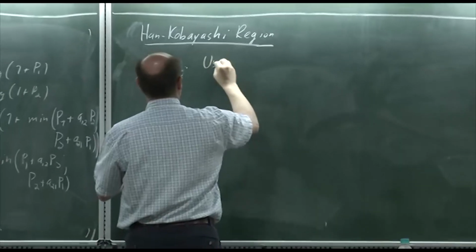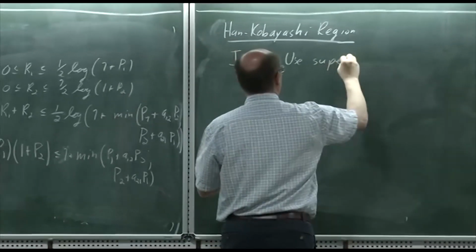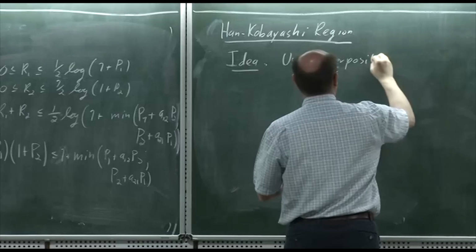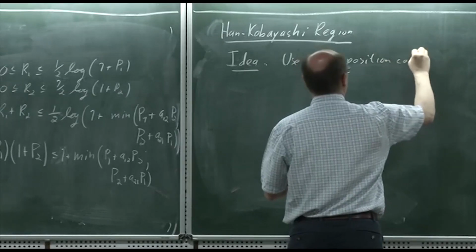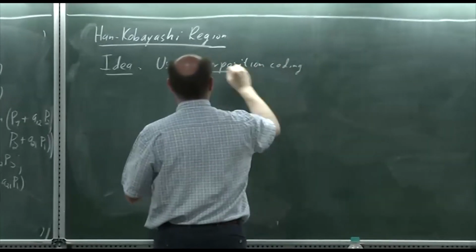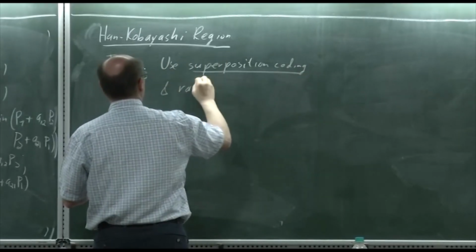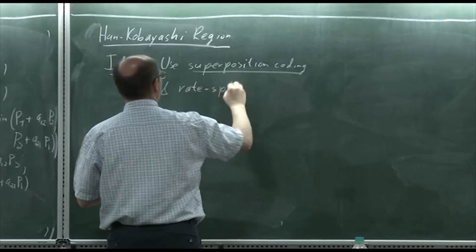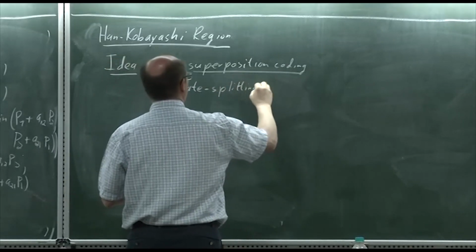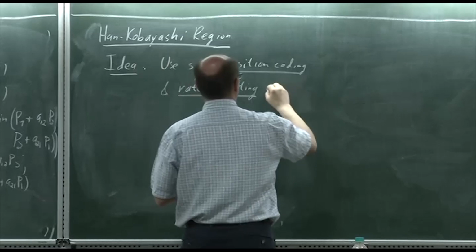Okay, so the idea is to use superposition coding and rate splitting. And the reason for this rate splitting is to permit partial decoding of interference.